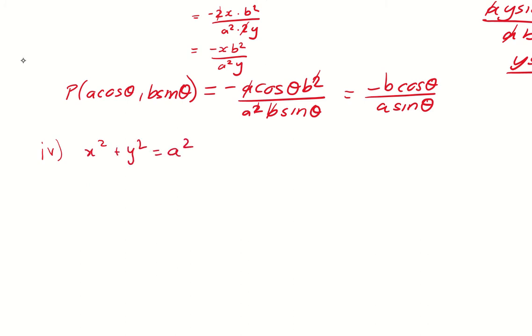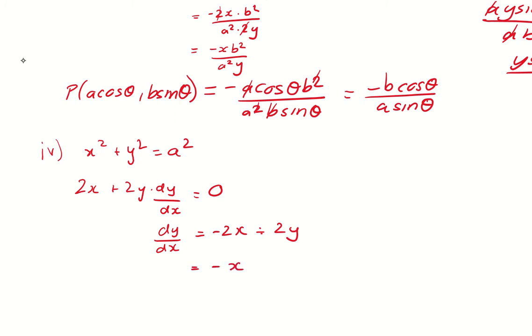And now I have to differentiate that. I'm going to implicitly differentiate; a squared is just going to be some constant. Rearrange, and I get this value. So now I've differentiated.